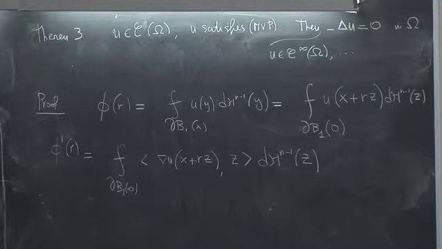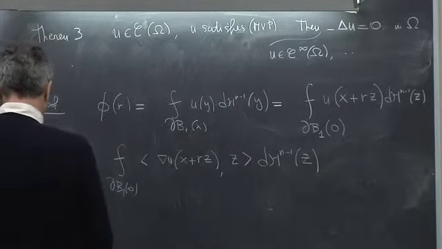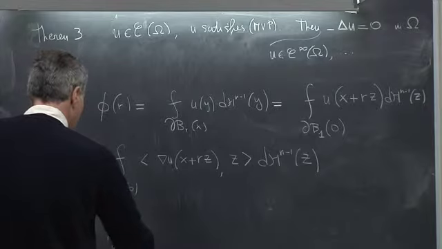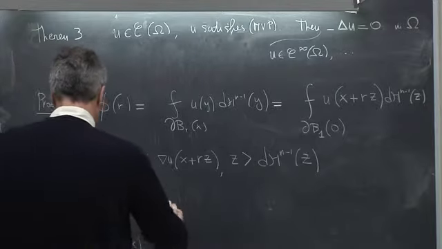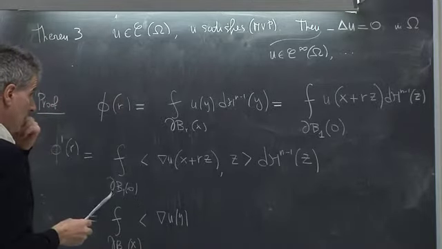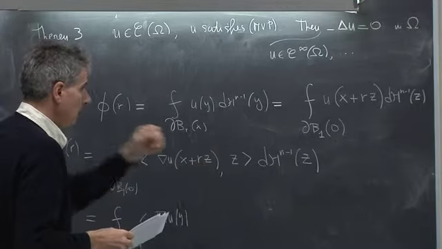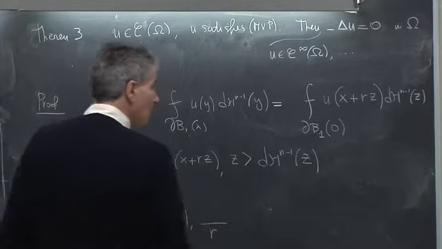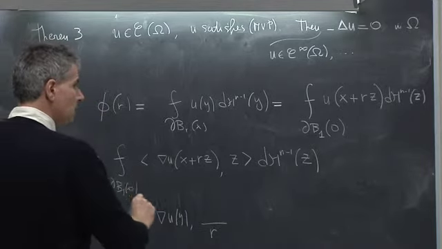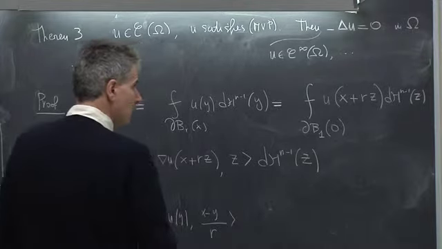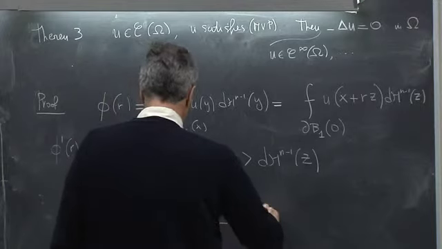And now I come back to the previous integral in the variable r. So I come back to the boundary of B_r(x), grad u(y). And now z is this, and therefore it is x minus y, dHn minus 1 y.